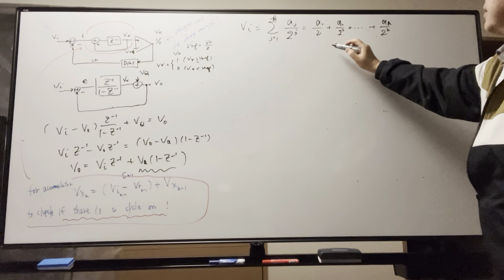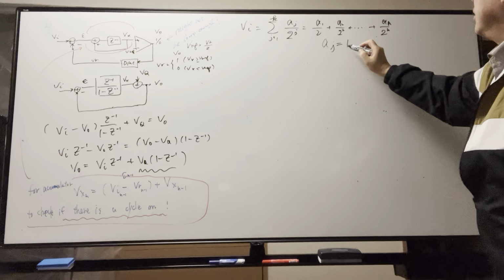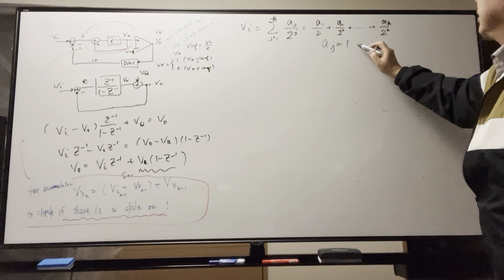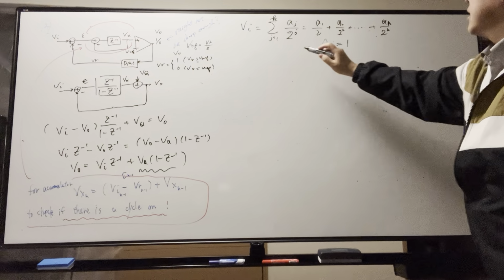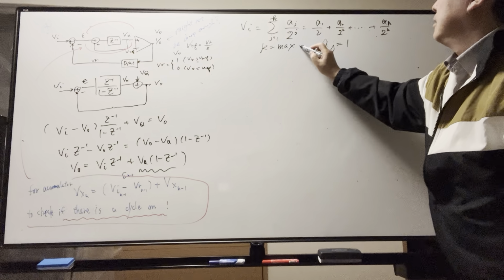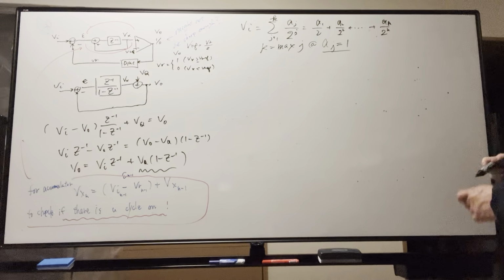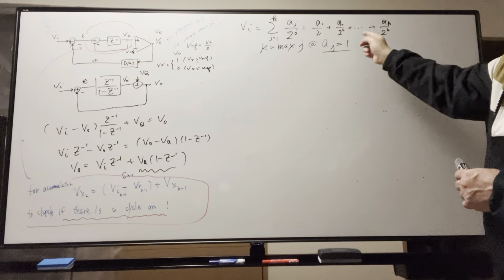K is the maximum j where a_j equals 1. The rational number can be represented like this.